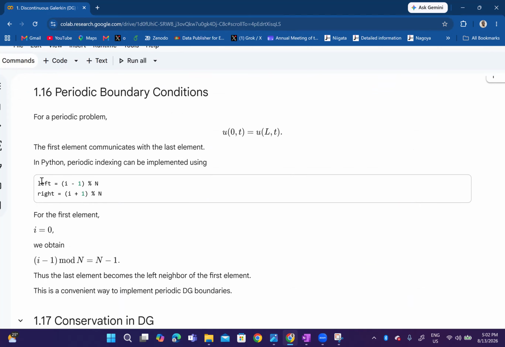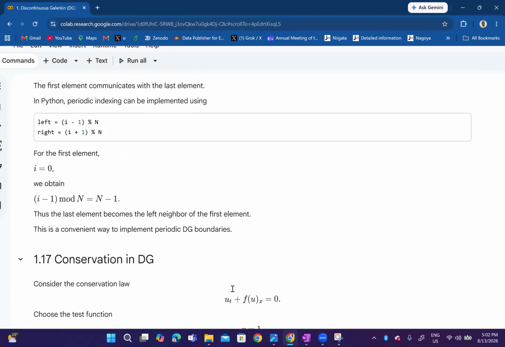For the left, you have i minus 1 modulo n, then right, i plus 1 modulo n. So for the first element, i is equal to 0, and then we obtain minus 1 modulo n, which ends up giving us n minus 1. Thus the last element becomes the left neighbor of the first element. So this is a convenient way to implement periodic discontinuous Galerkin boundaries.